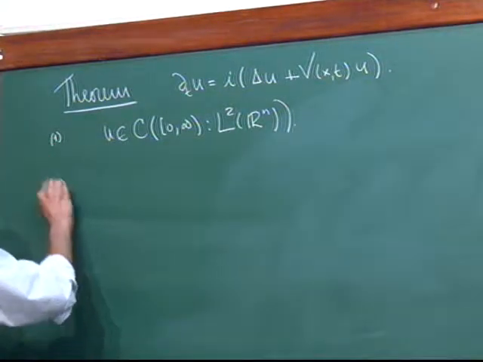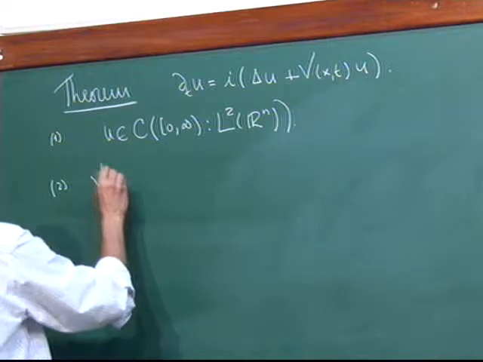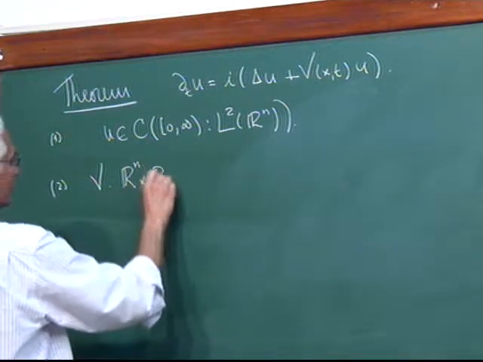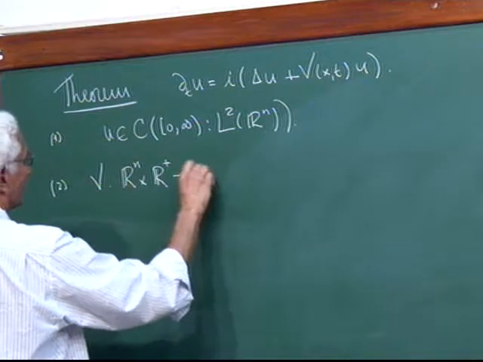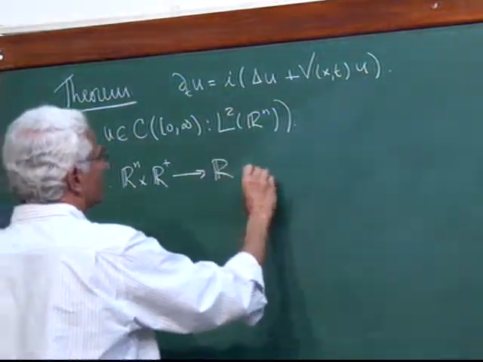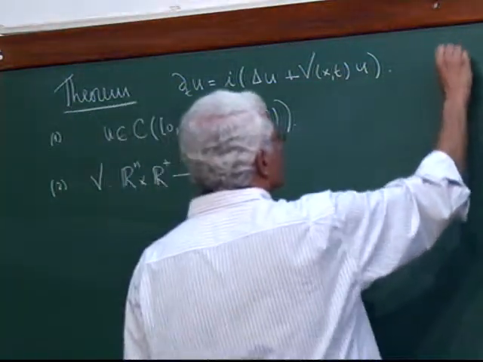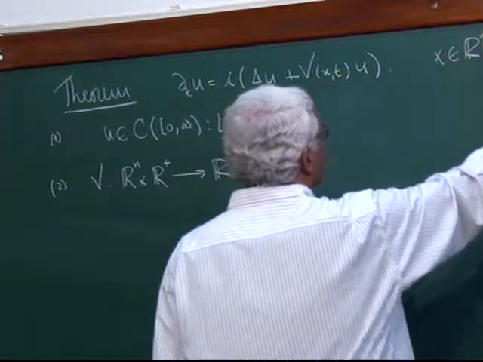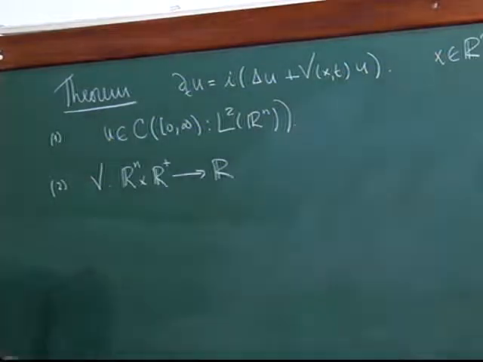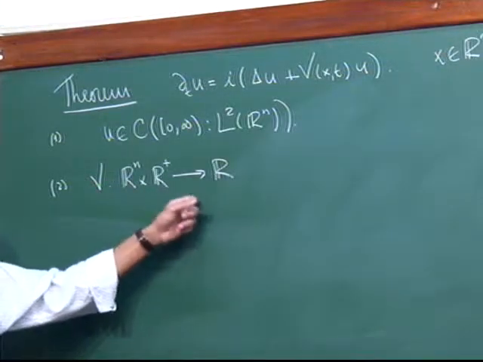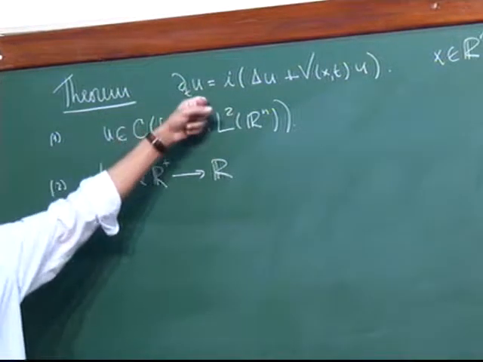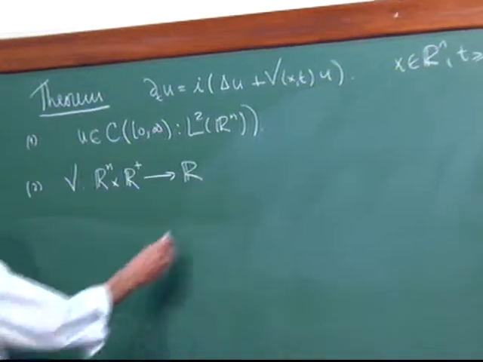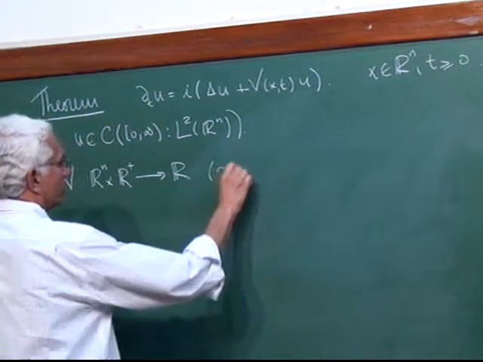Second, suppose that B is real valued. And you will see that we only use this hypothesis to check that the L2 norm of this is preserved. Real valued.